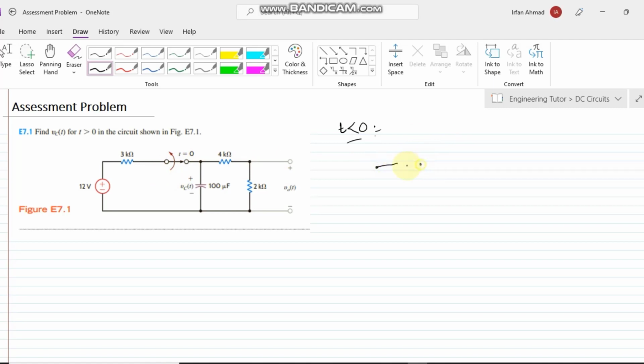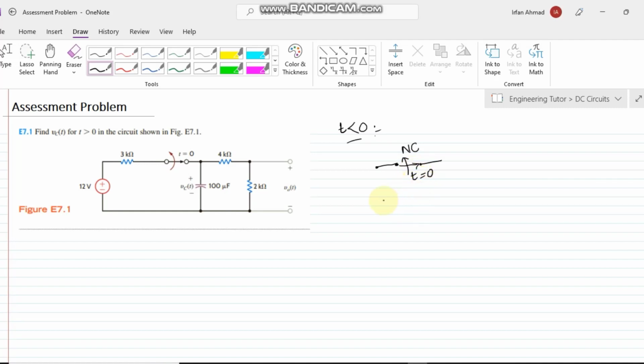The first one is the normally closed switch, which turns off at t equal to 0, and t equal to 0 is the instant at which the switch changes its condition.